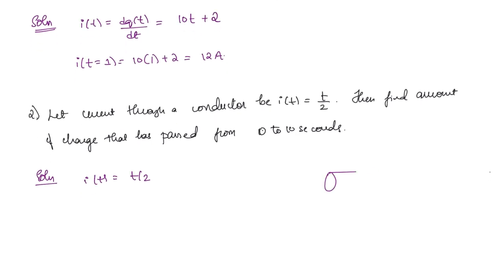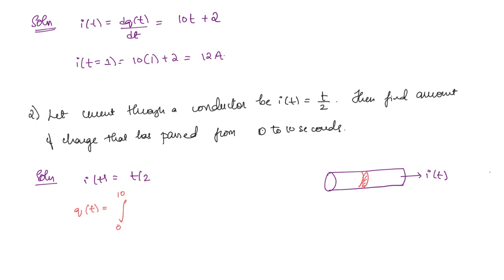Basically you have a conductor here and a current I of t is flowing here, which is given by t by 2. Now if you take any particular cross section, what is the amount of charge that has passed through this cross section in the duration 0 to 10 seconds? So this is going to be Q of t equal to the integral, since limits are given, you don't have to worry about the initial charge.